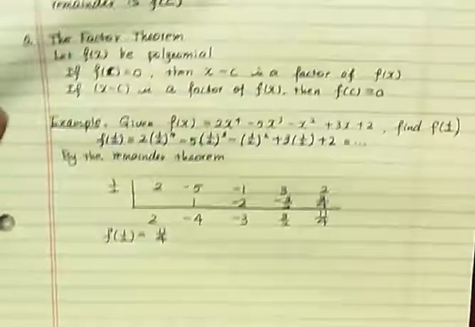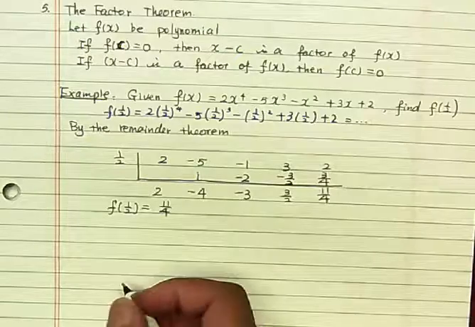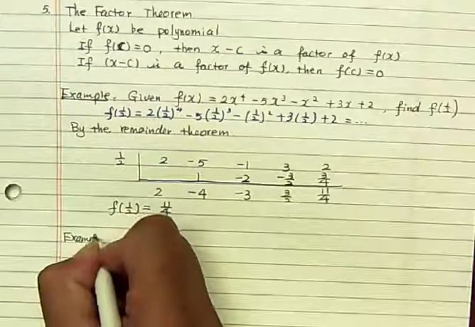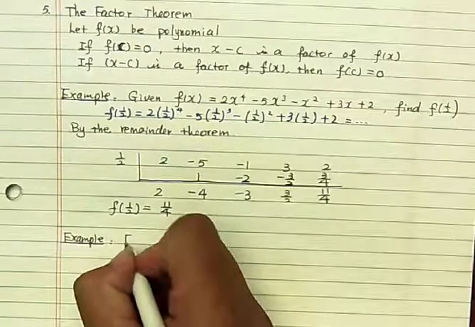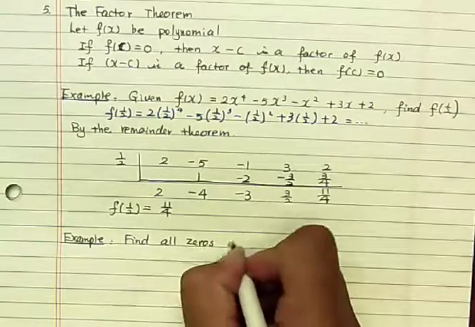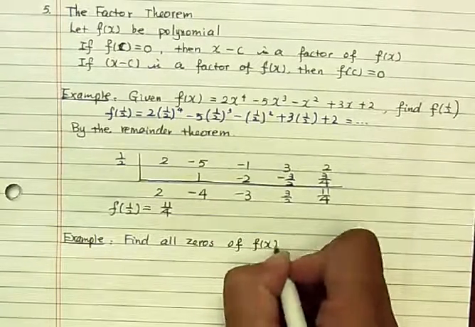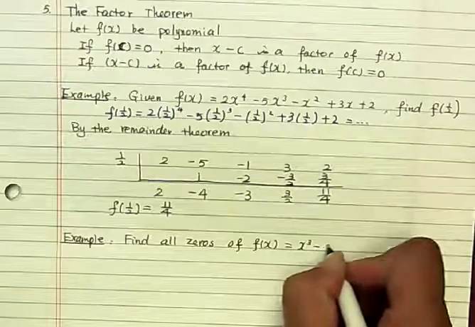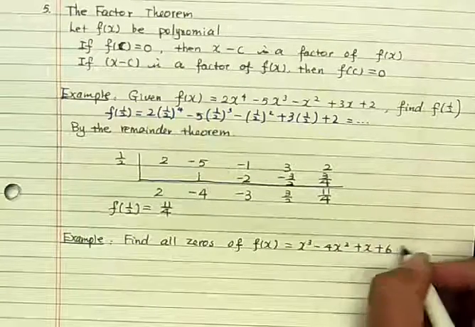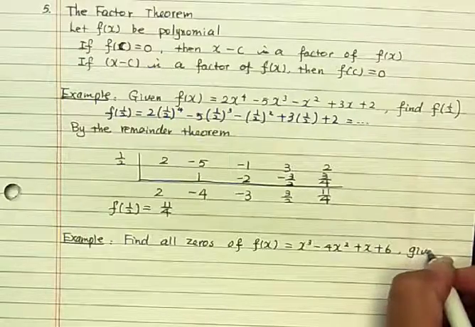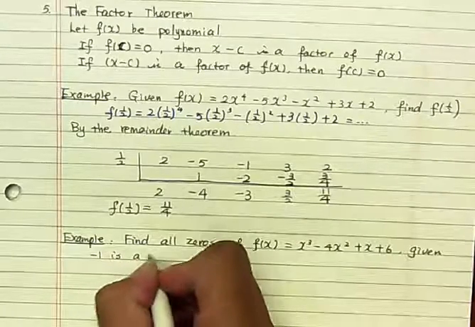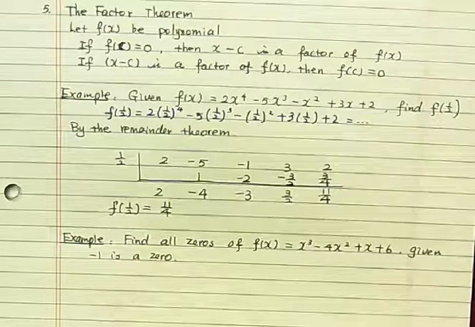Let's see another one. So this is how we use the remainder theorem. Now we are going to find all zeros of f of x equals x cubed minus 4x squared plus x plus 6, and we are given the information that -1 is a zero.